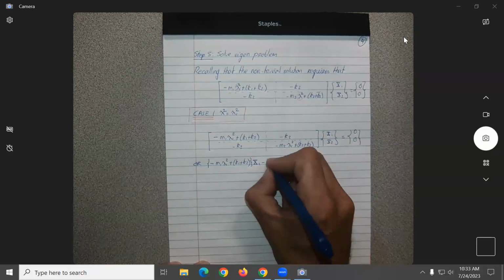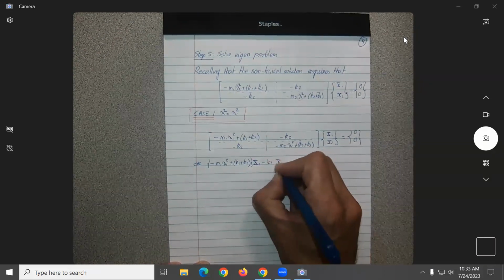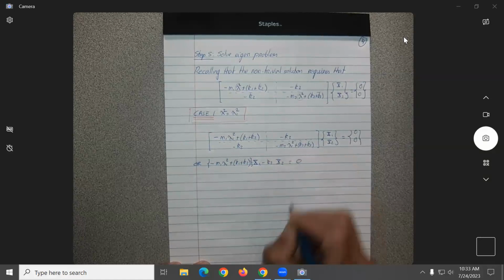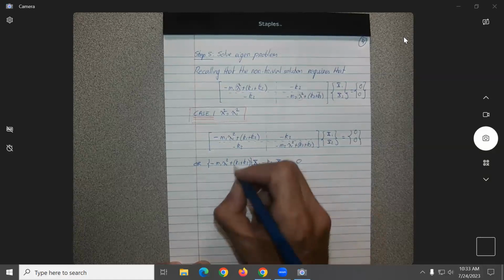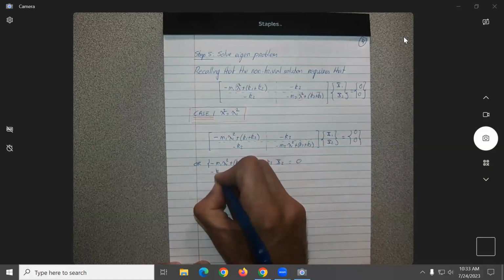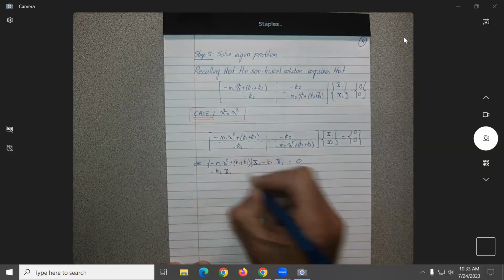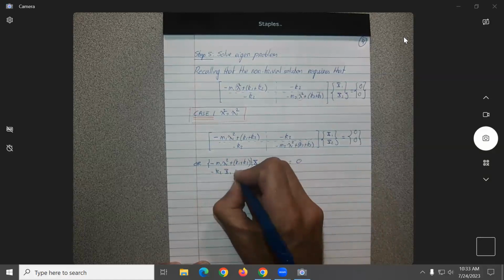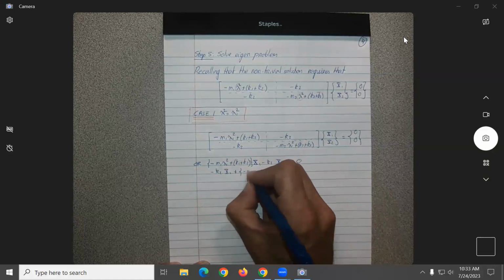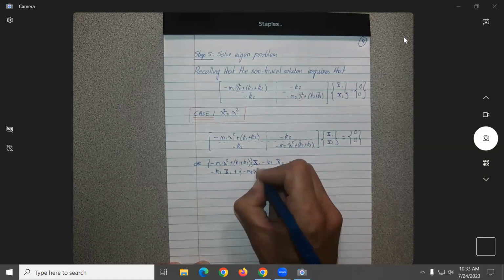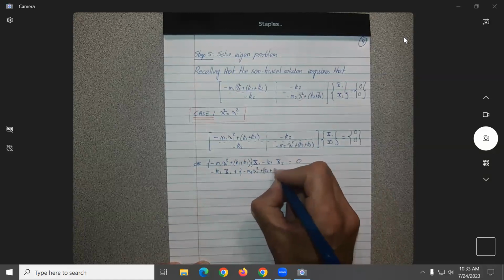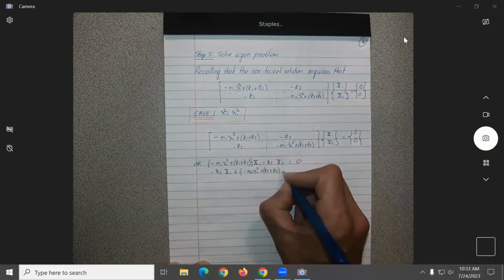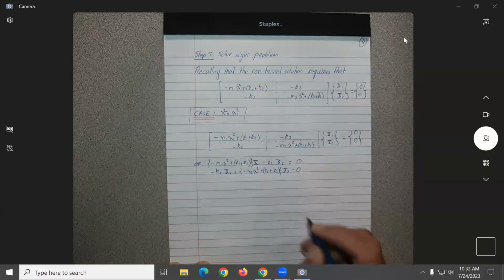Plus K1 plus K2 X1 minus K2 X2 equal to 0. And this one will be minus K2 X1 plus minus M2 λ1 square plus K2 plus K3 X2 equal to 0.